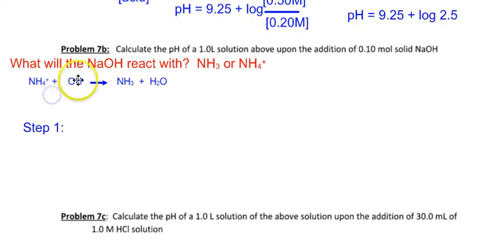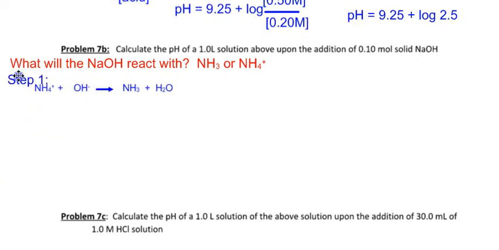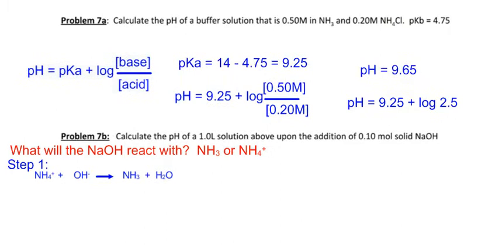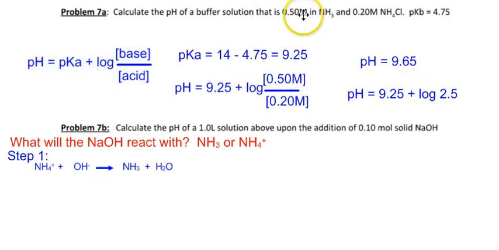If you said it's going to react with the acid, you got it. So step one is doing the stoichiometry. What was our original amount? Let's look up here: 0.5 molar of ammonia and 0.2 molar of ammonium.